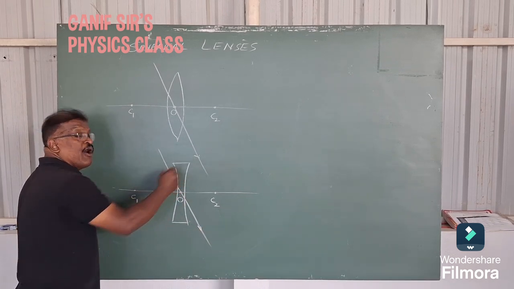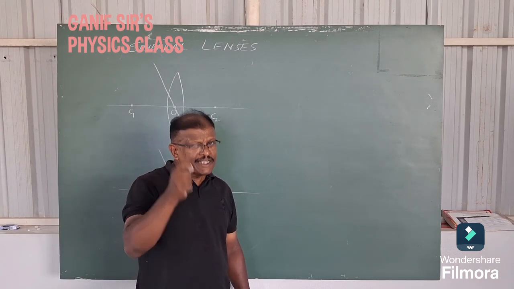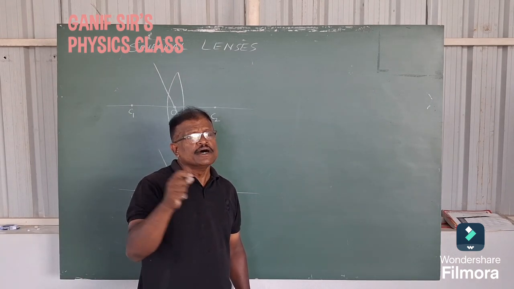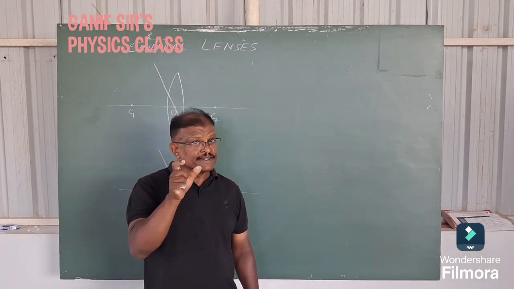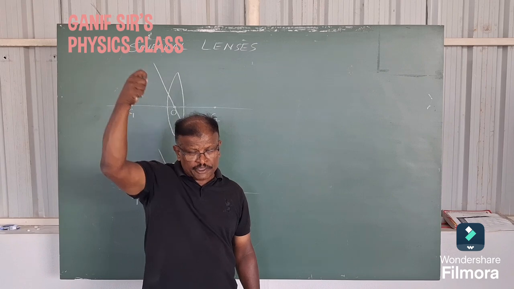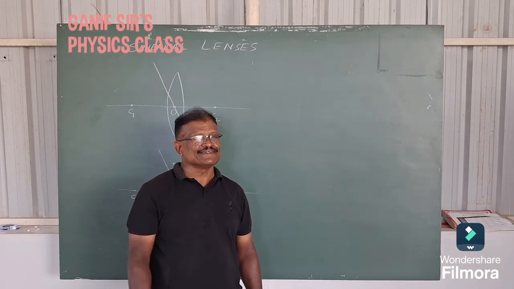Such a point exists in the case of the concave lens also. So how can we define the optical center? The optical center is a point on the principal axis within the lens, such that any ray passing through that point will move undeviated.